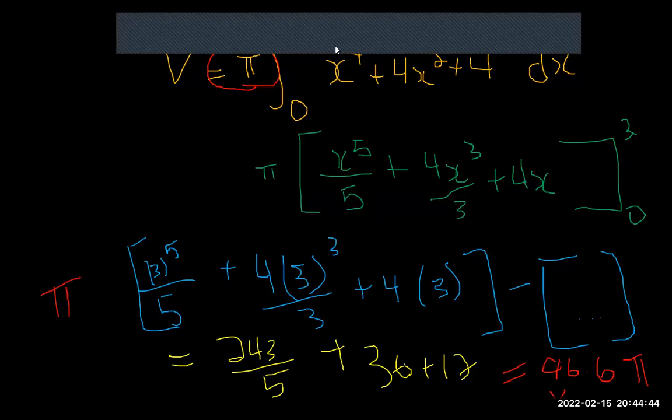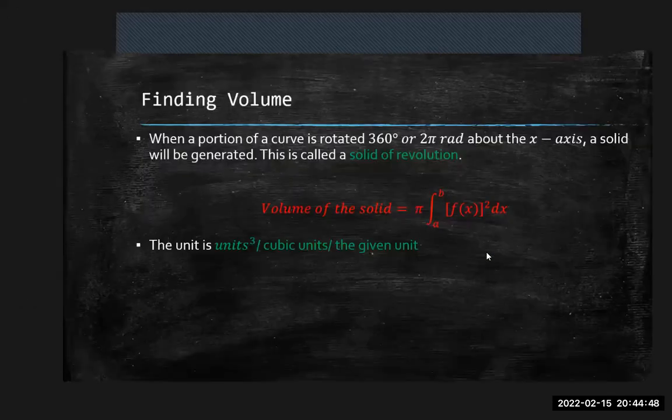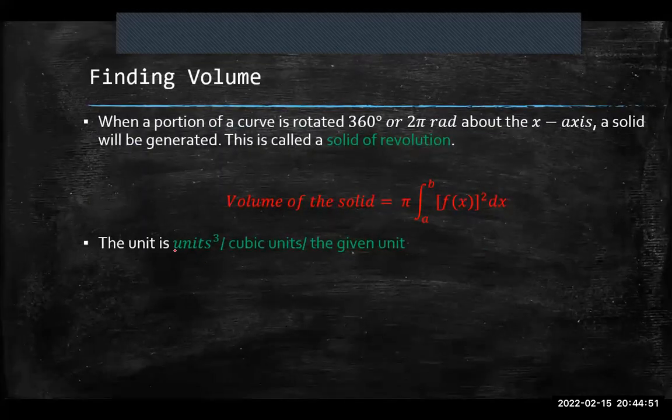Yeah. Okay. Just in case you're unsure what I'm talking about, you actually just write unit cube or cubic unit. That's all you're doing at the end there. So it's 96.6 pi unit cube or 96.6 pi cubic unit.